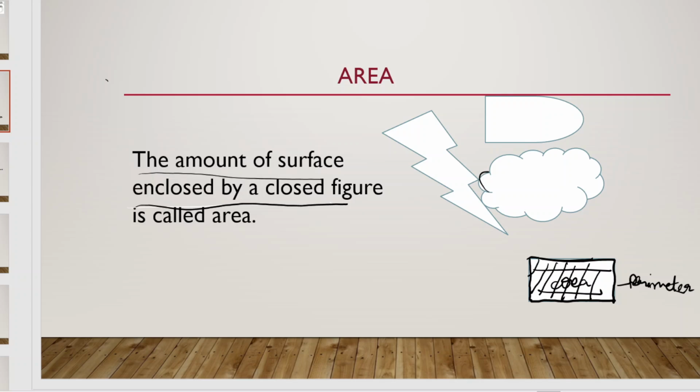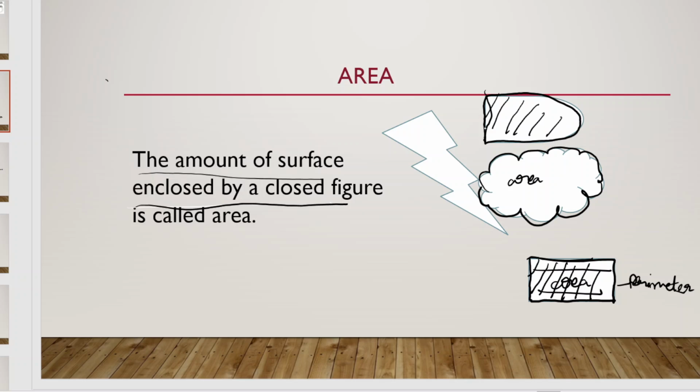So from this we can say that all these are closed figures and the space inside the boundaries of a closed figure is called area. The distance traveled along the boundaries is called perimeter, and the space inside the perimeter is called area.